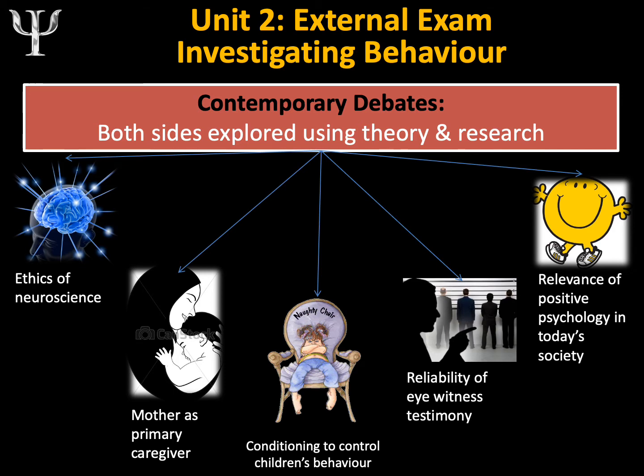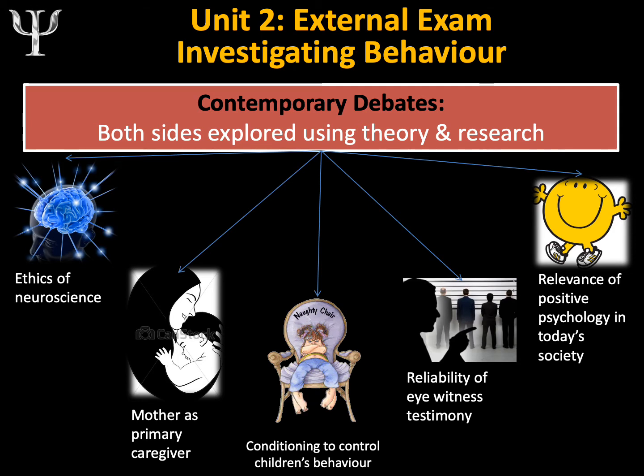So, for example, when we come to cognitive psychology, we look at what cognitive psychologists have told us are the explanations for behaviour, and then the therapies that they've brought in, and then we apply it to an everyday life debate.